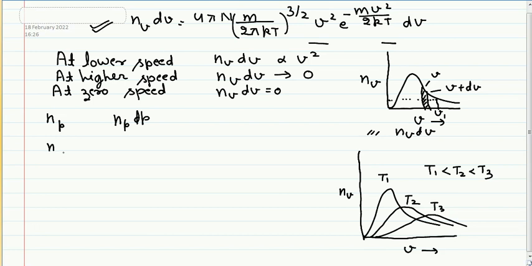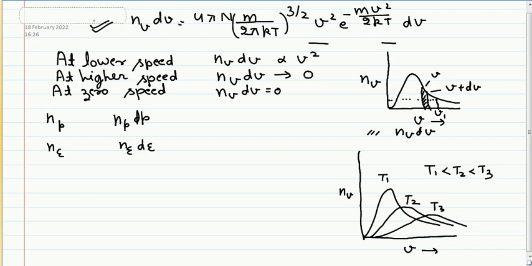You can also find N_E and then N_E dE. So N_p represents the number of molecules having the momentum p, and N_p dp means the number of molecules having the momentum between p and p plus dp. Similarly, N_E means the number of molecules having energy E, and N_E dE means the number of molecules having energy between E and E plus dE.